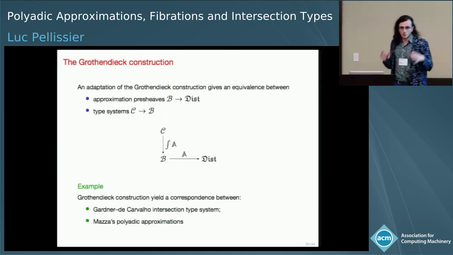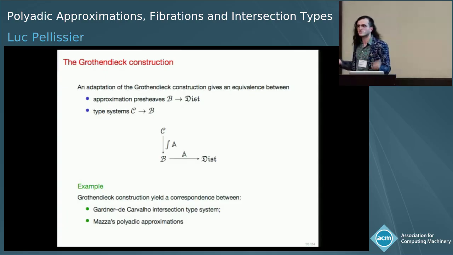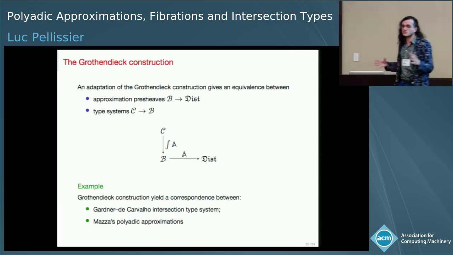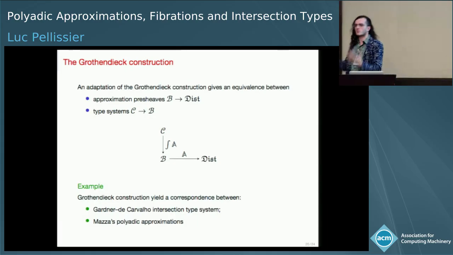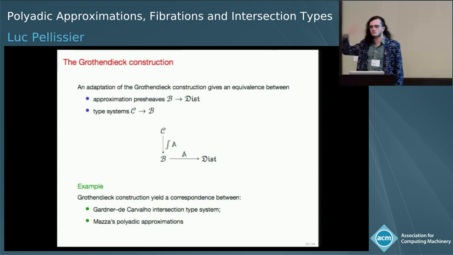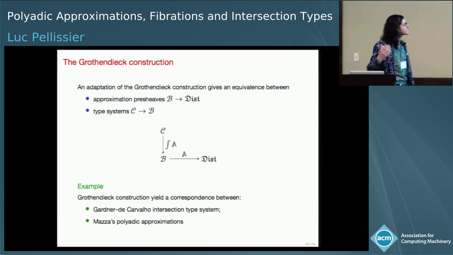The main technical tool in order to recover intersection types is the Grothendieck construction. The Grothendieck construction, adapted to our setting, gives an equivalence between approximation presheaves, that is the things that I presented, morphisms of ket operad into dist. I won't delve into details on what is dist, but nonetheless, it exists.